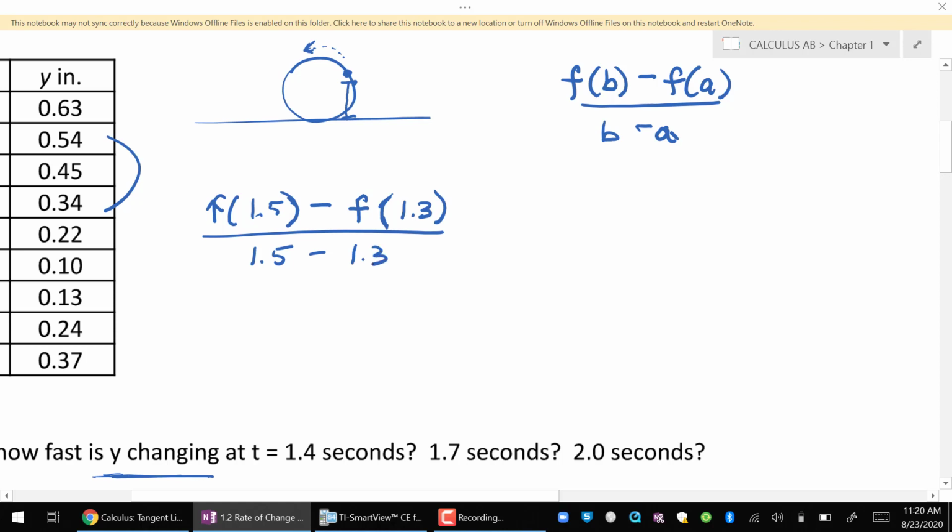And the data here in the table is going to be, looks like 0.34 minus 0.54. And again, divided by 1.5 minus 1.3.